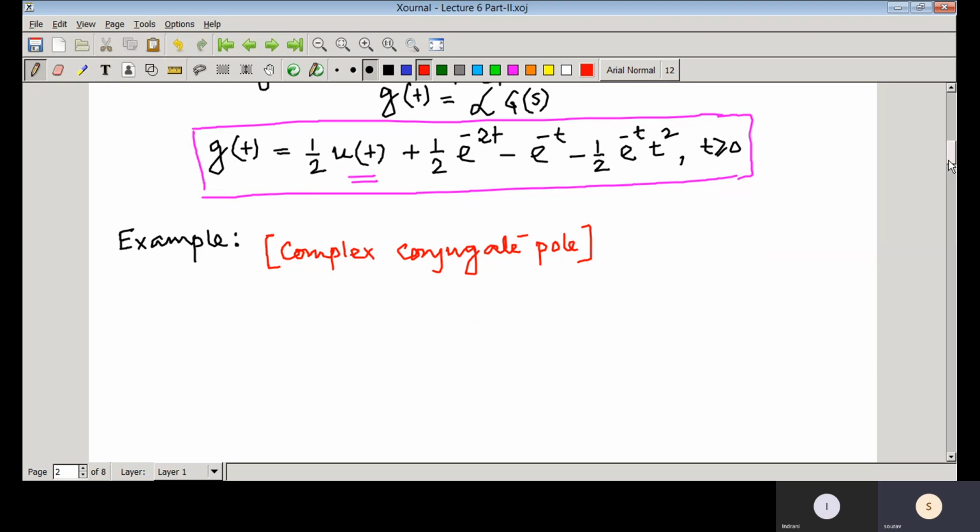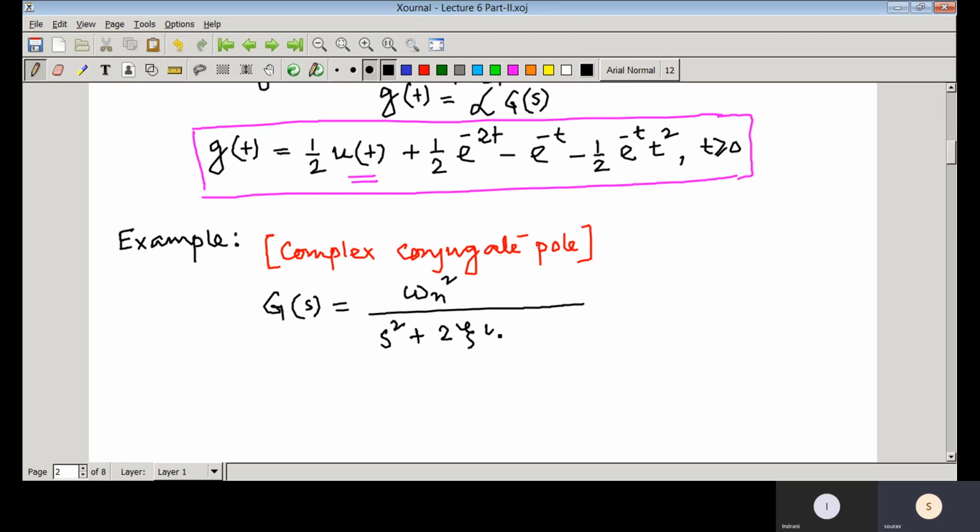Let us see. So suppose a plant is given, GS is given, that is omega n square. I am not taking any numerical value, just keeping it in standard general form.